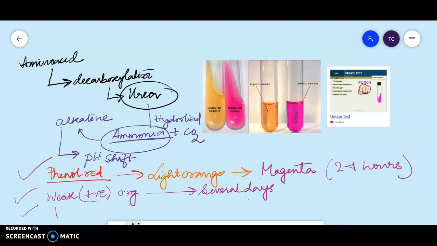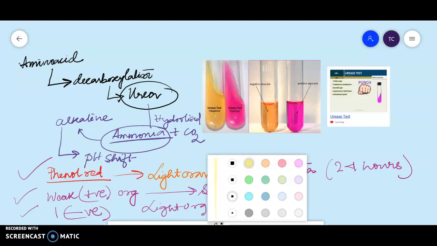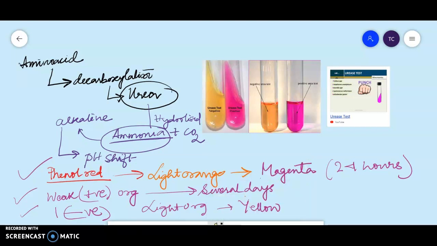So if you have a negative organism, then the color will change from light orange to yellow, and that is the result of your acid production.